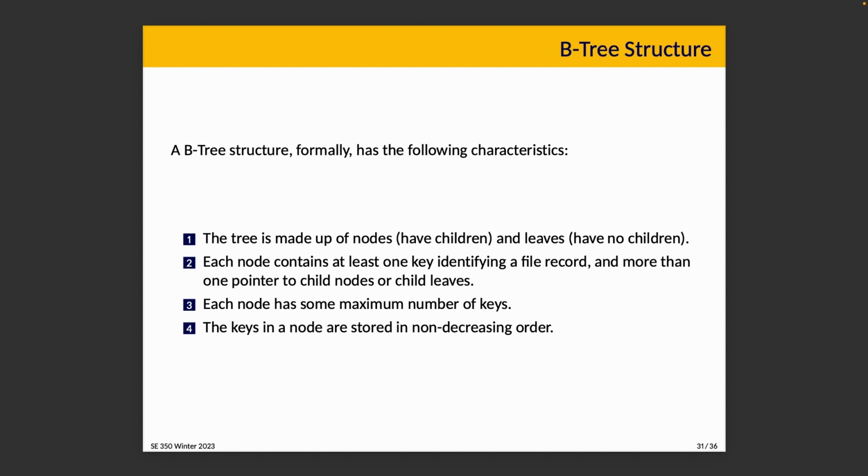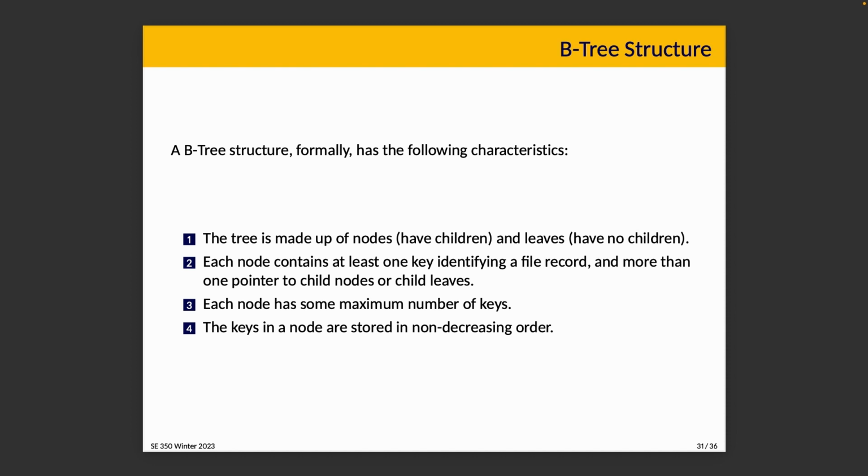The distinction between a node and a leaf is that a node has children and a leaf has no children. Each node contains at least one key identifying a file record, and more than one pointer to child nodes or child leaves. So the tree can have multiple levels, but every node has to have a pointer to something.